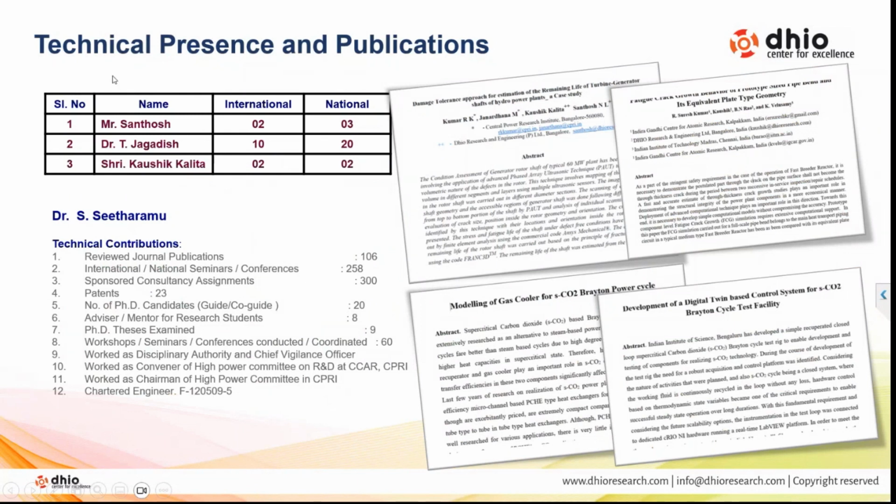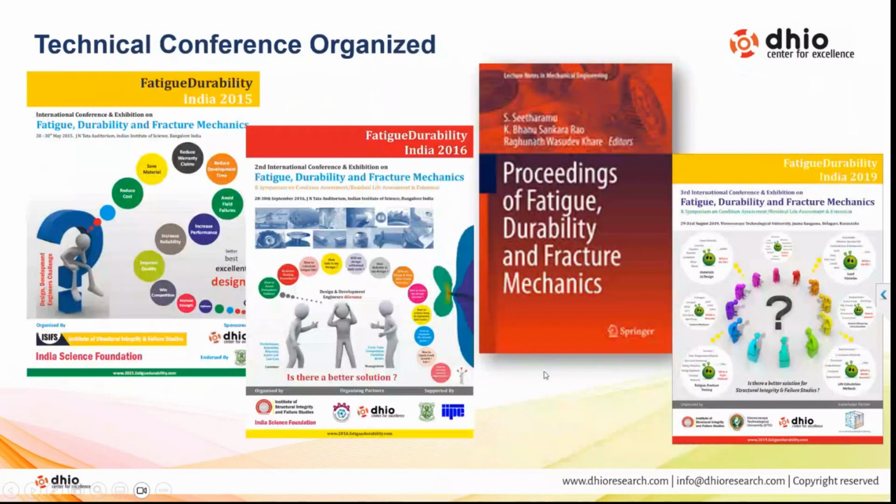This is our technical presence and publications, where we have published a paper on damage tolerance studies for the remaining life of a turbine generator of a hydro shaft with CPRI, as well as with IGCAR, ISC and other organizations. I think a couple of you may be familiar with our conference, which typically happens every year, but due to COVID it has not happened after 2019.